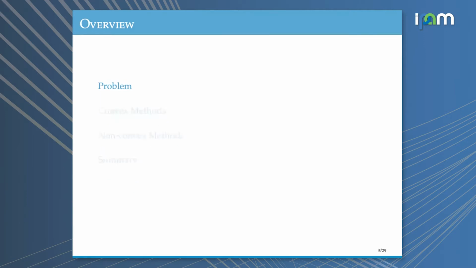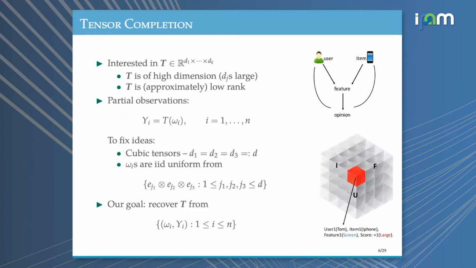So let's start with the problem. The problem actually is fairly simple. As many of you have probably heard, tensor completion, or its simpler cousin, the matrix completion problem, has one of its main motivations in the context of recommender systems. In the case of matrix completion, this is often related to the Netflix prize. The idea essentially is we have millions of users watching, and of course there are possibly millions of movies.